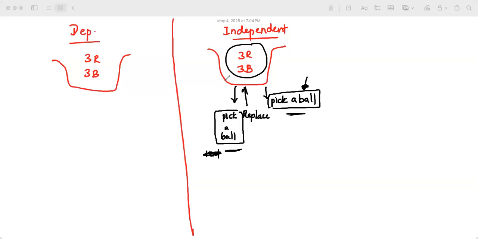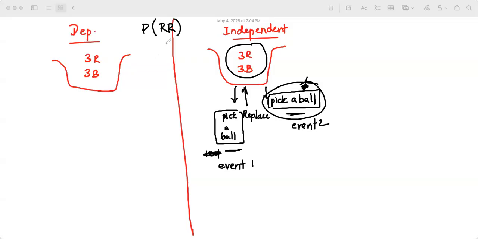So here, when you do a second event, the status is exactly the same as that of the first event. This is event 1, this is event 2. They are completely independent of each other. Let's say I am asking you, what is the probability of picking a red and a red ball?